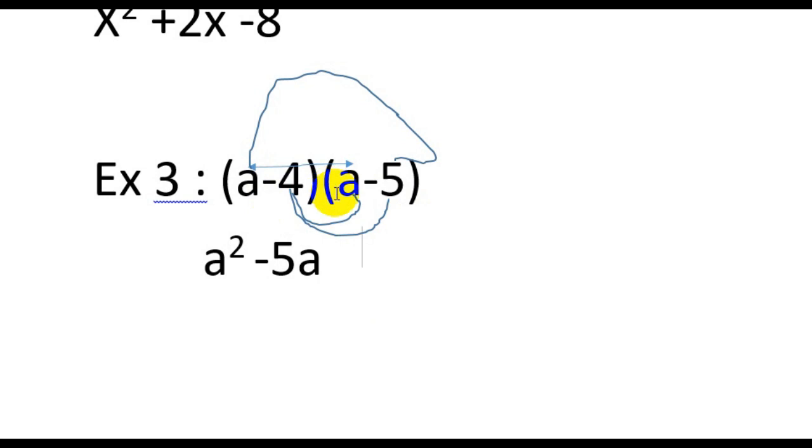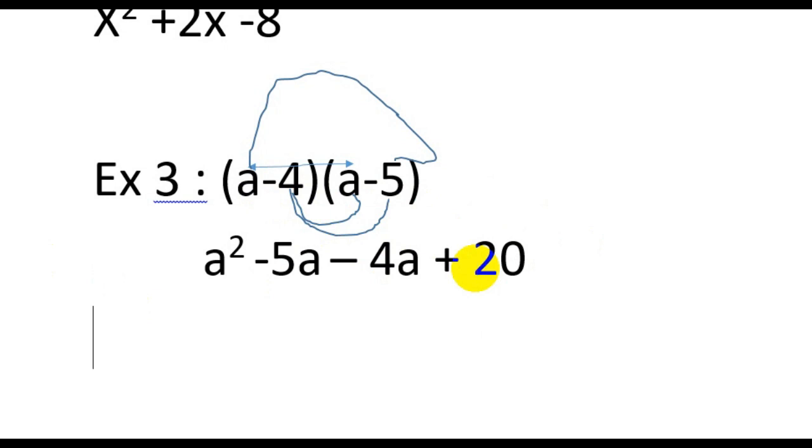Minus multiplied by plus is a minus. 4 multiplied by a is 4a. Again the last term, minus into minus is plus. 4 multiplied by 5 is 20.